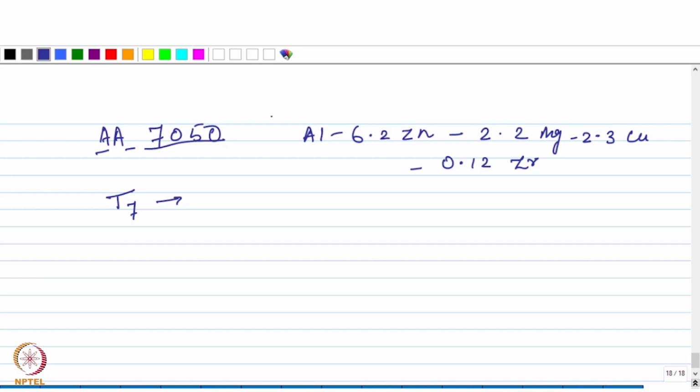So in this condition, the yield strength is around 450 MPa. And as I said, it also provides a good corrosion resistance.